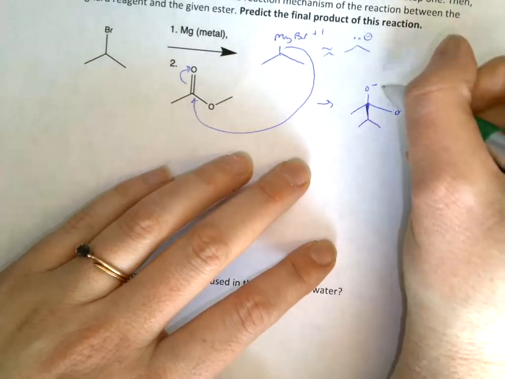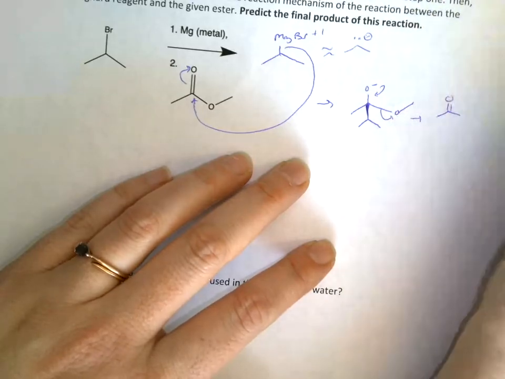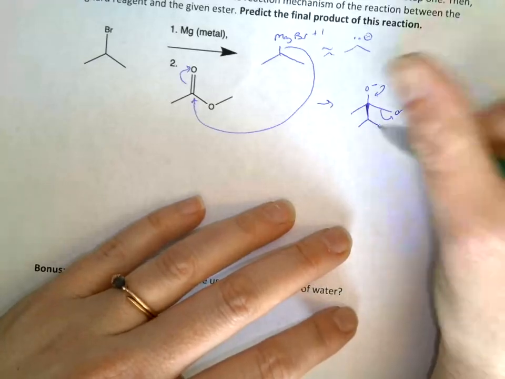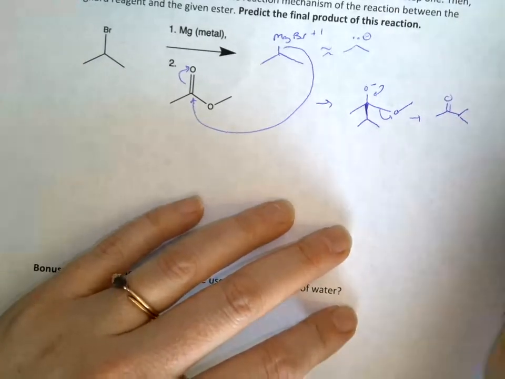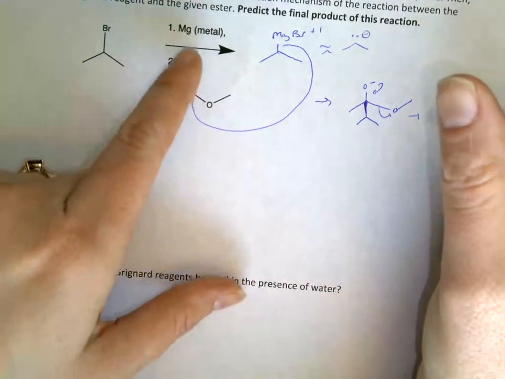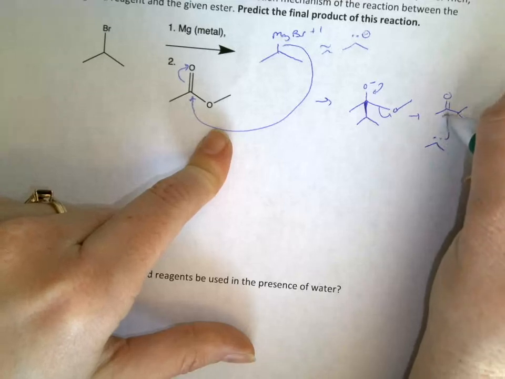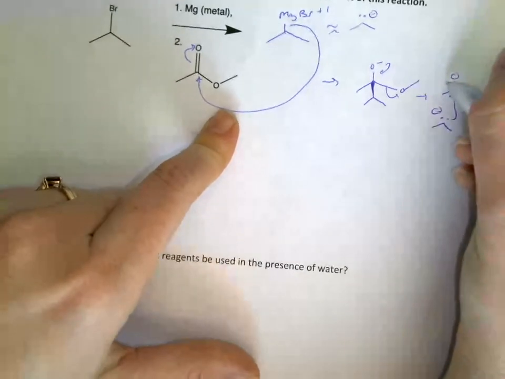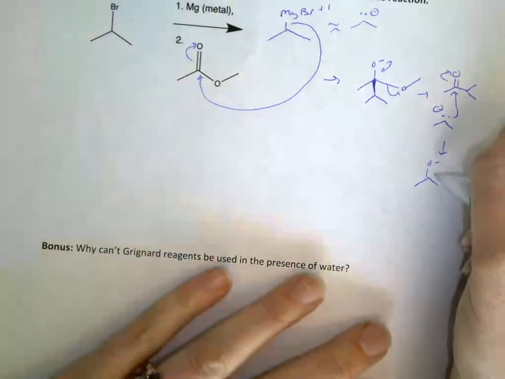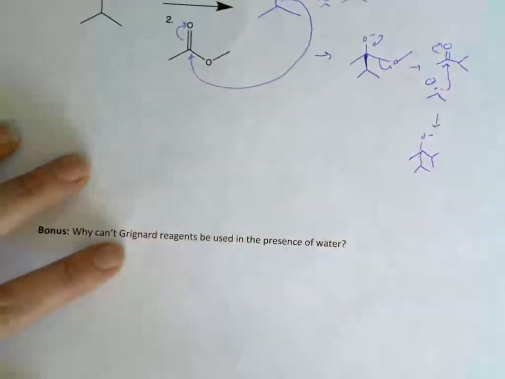But if this can act as a good leaving group, if an ester can act as a good leaving group, it will leave. And they're not good leaving groups on like SN1, SN2 reactions, but they will leave after a carboxylic acid reaction. And then we get this, but if we have excess of our Grignard reagent, which we assume we do, then we get another reaction to get another O- and another one of these.